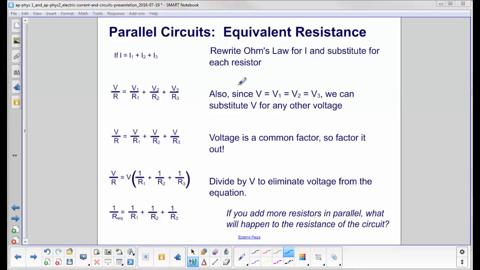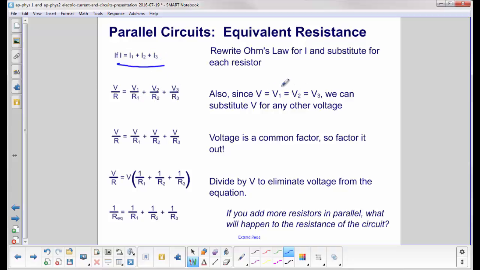To find the equivalent resistance, we'll start with the current. This was due to the conservation of charge. I is equal to I1 plus I2 plus I3, where we have 3 resistors in parallel. We then substitute what I is equal to. Well, that's V over R. This V is the voltage from the battery, and this R, very soon, we're going to call R equivalent. V1 over R1, V2 over R2, V3 over R3.